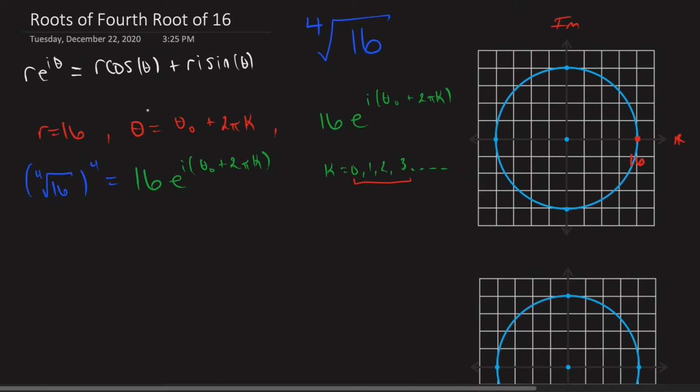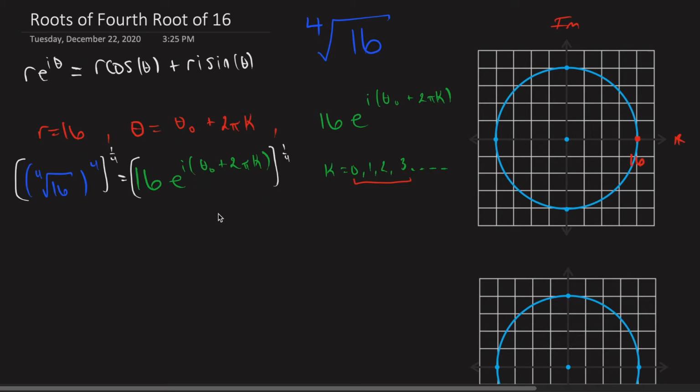So again, now let us take the fourth root of both sides. We see that the fourth root is going to be 4 divided by 4. Let me write that out better, just so you can see it. The fourth root is equivalent to the power of 1/4.